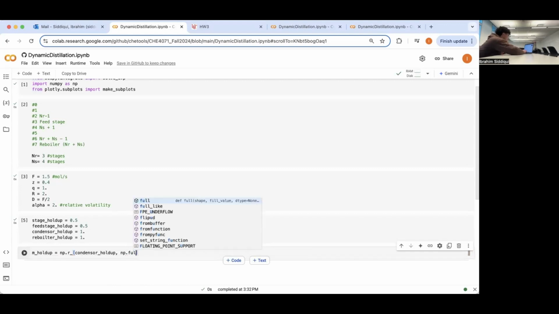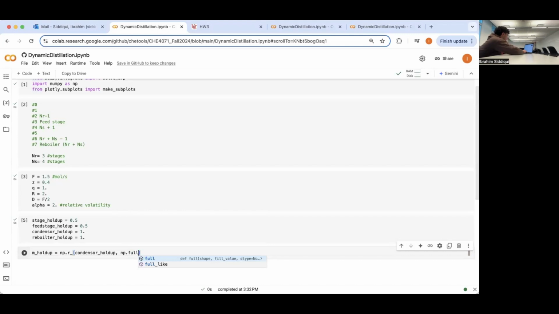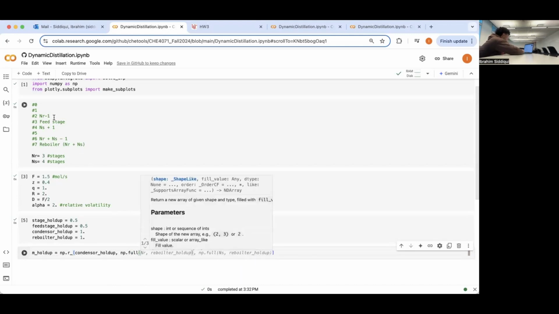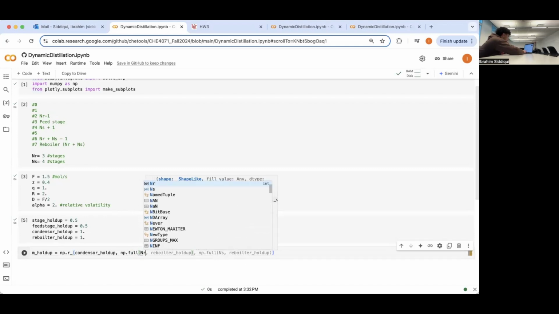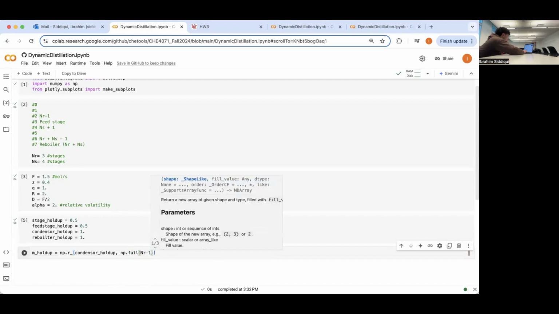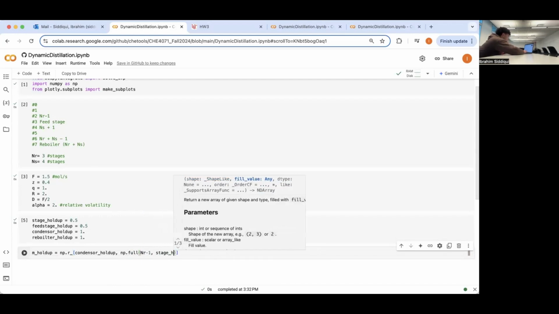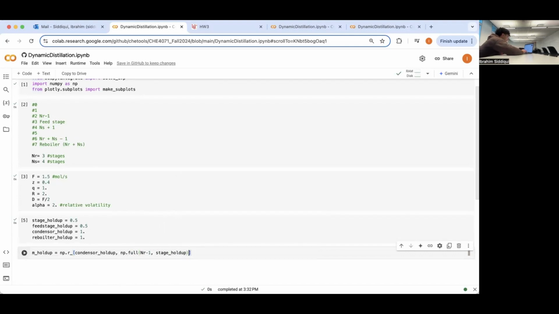What we'll be using here is our stage holdup. So it'll be np.full, starting at our second stage, so nr minus 1 that I defined up there. So nr minus 1, comma, and then our stage holdup.